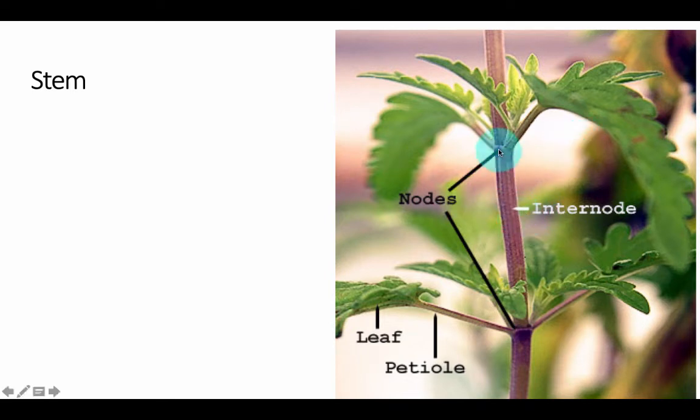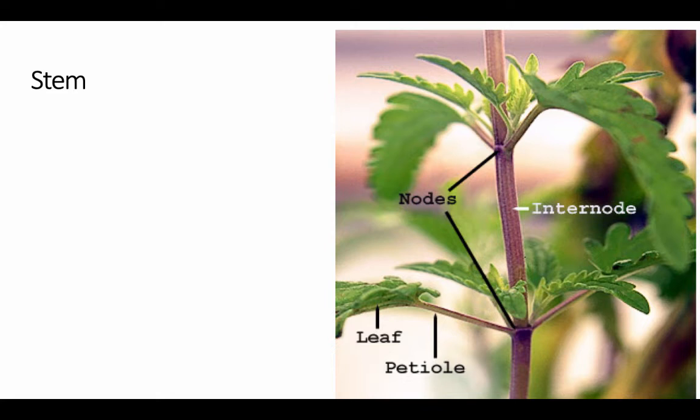And then between the nodes, you have internodes. And internodes are these areas between the nodes that support the stem. But let me talk about the node for a little bit. The node is an interesting part of the stem because it has these cells that are able to produce different organs.